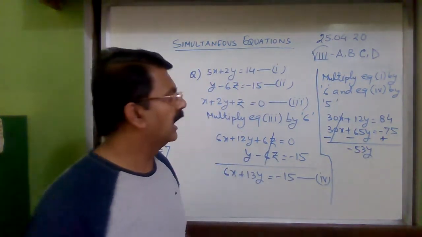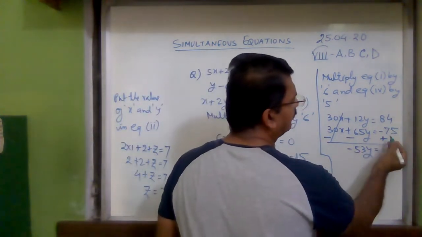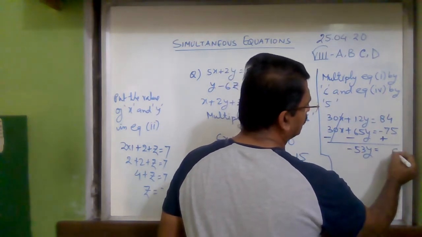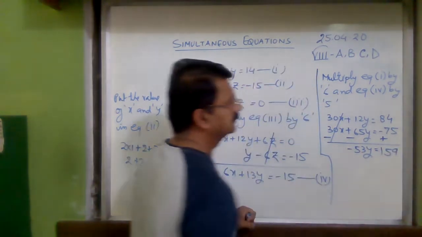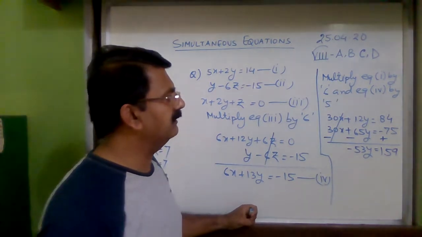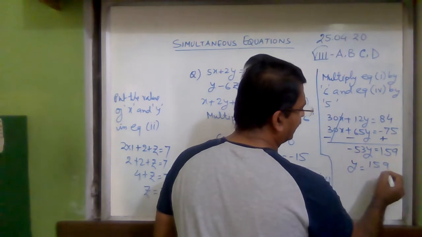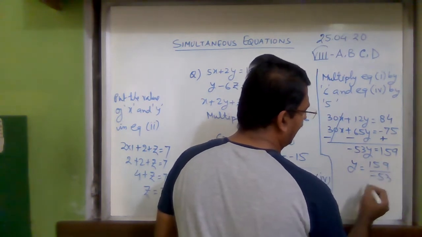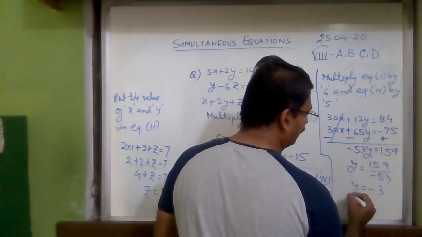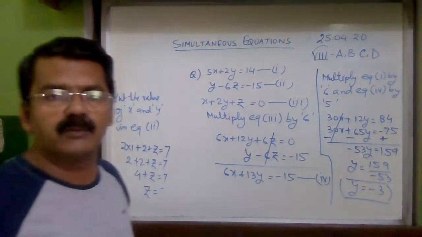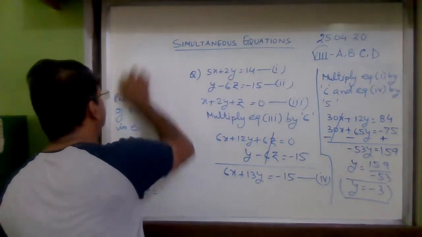Here 75 and 84, when they are added, they give you 159. 84 plus 75 gives you 159. So y is equal to 159 upon minus 53, and that is equal to minus 3. So we have found the value of y as minus 3.